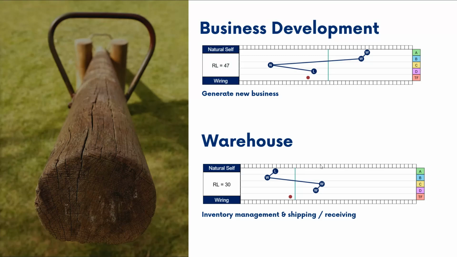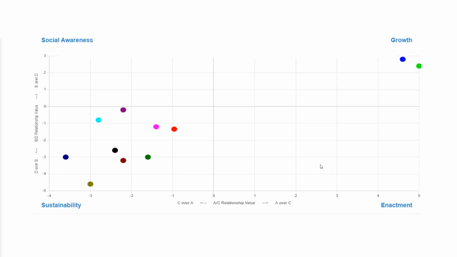Now, what does this look like when we look at the team dynamics? You might not even notice the drives that are very far, almost outside of the chart. These are the 2 individuals in the business development role. This gap is significant between business development, and it's just 2 people.